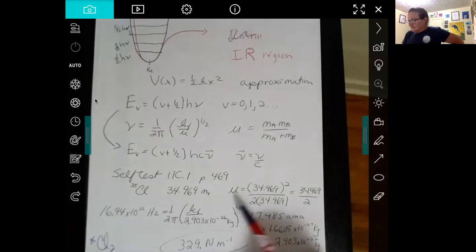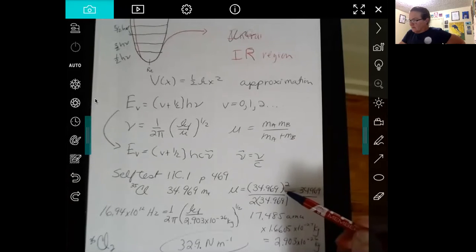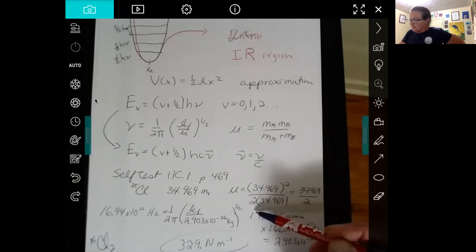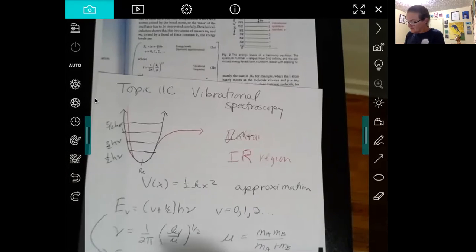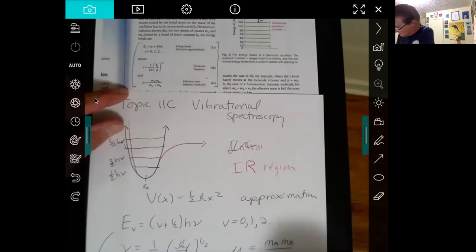So to get the effective mass, it's mass of A times mass of B over the sum of the two. So this effective mass is given in equation 2C.